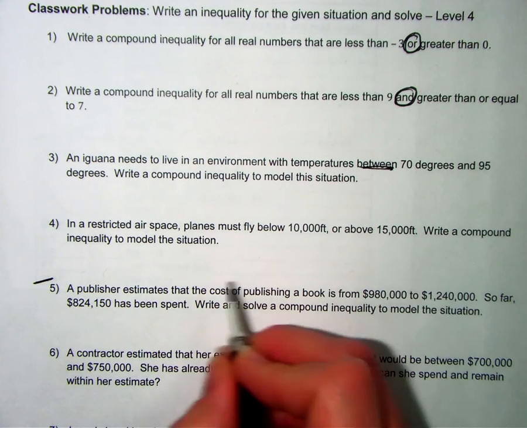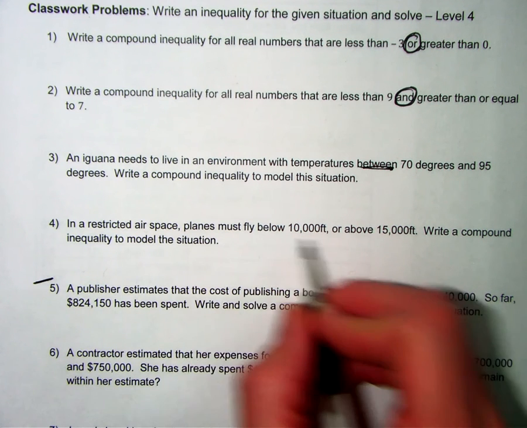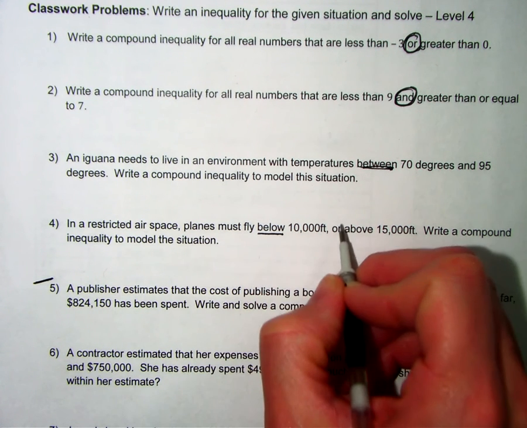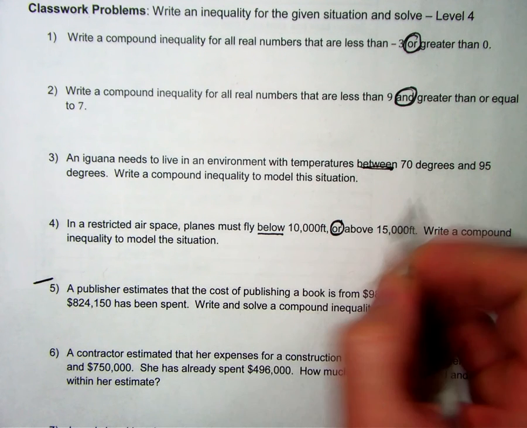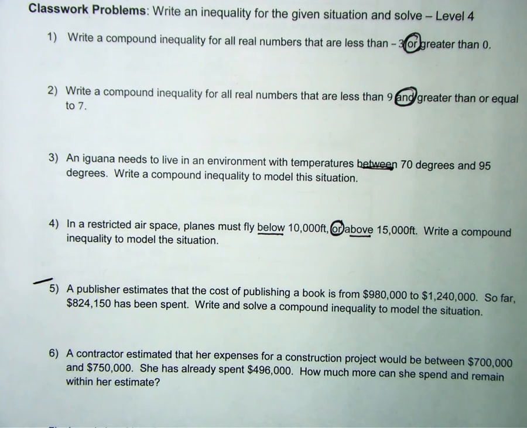So 3 is between. And this one right here says below. That's going to be a less than. Here's an OR. Above. So that's a greater than. So that's an OR problem, even though it's a little bit different. You just do the first 4. So give those first 4 a try, and then we'll come back together and kick it up a notch, okay?